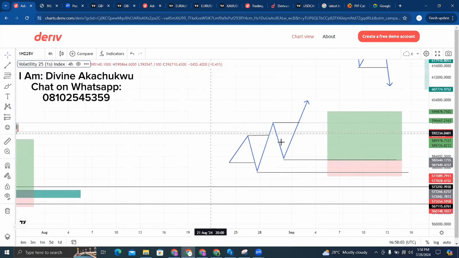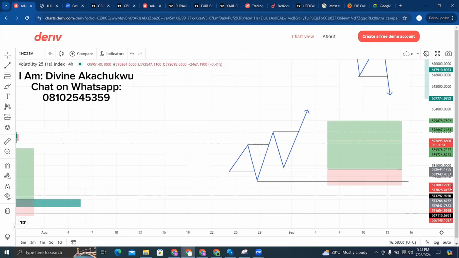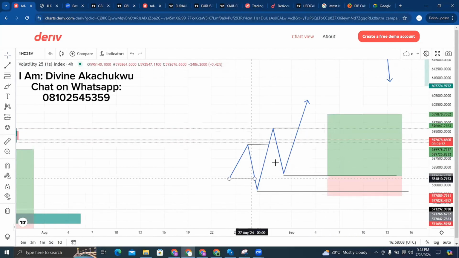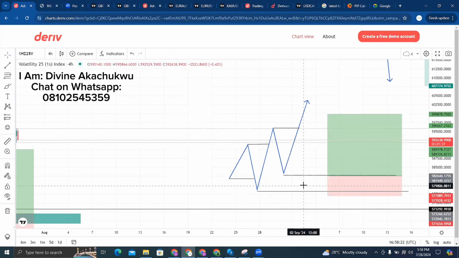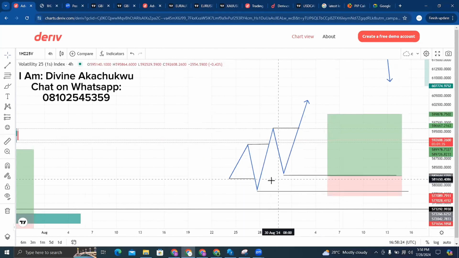I expect price to come back here, take out this low and tap into any area inside here. I can enter from this structural liquidity point, or I can find a good order block here using a Quasimodo entry or just a normal order block. But any zone under this structural liquidity is valid.